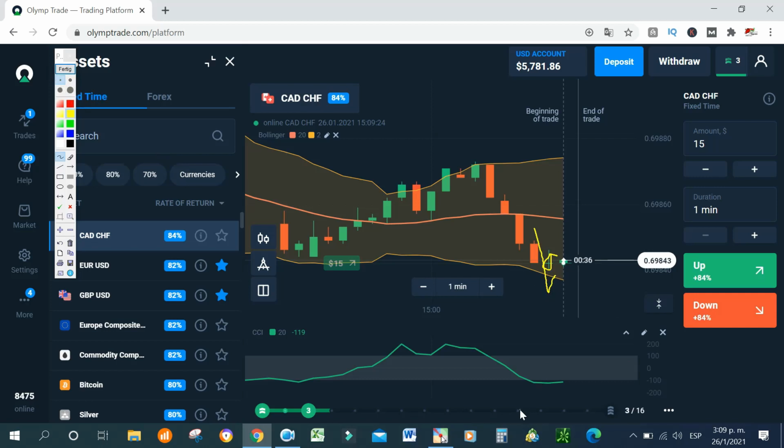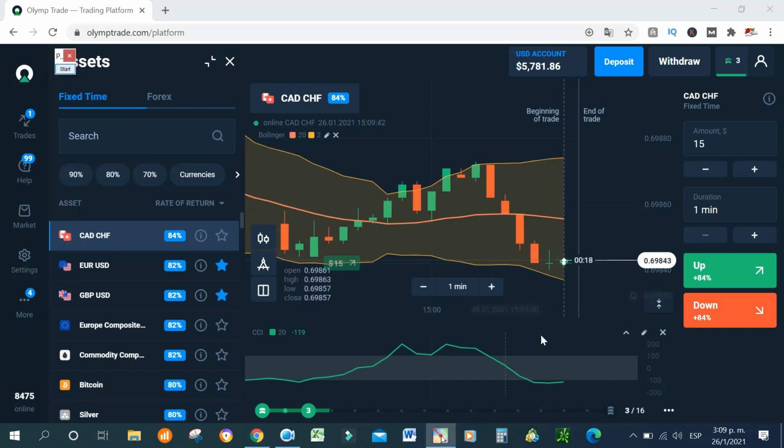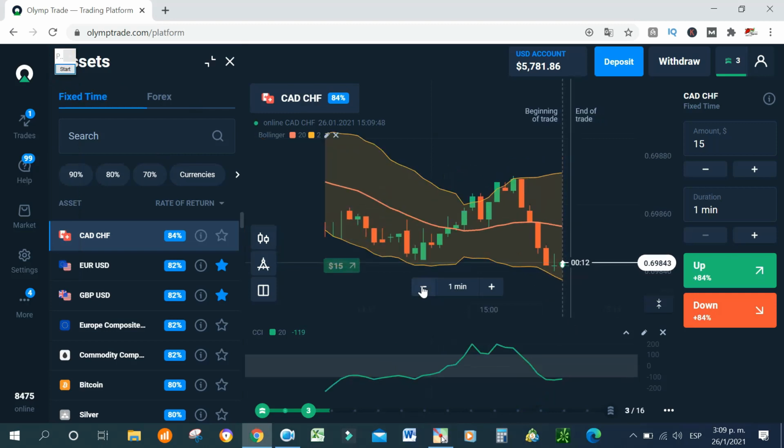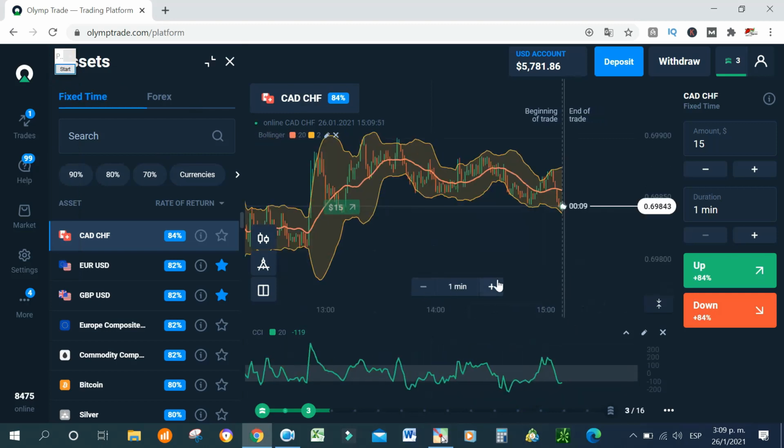Even though we have the CCI in the oversold zone, it's okay. I still think we can win this trade because of the zone where the price is. This zone is a very congested zone.